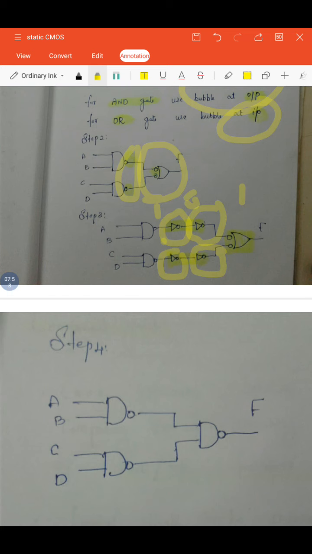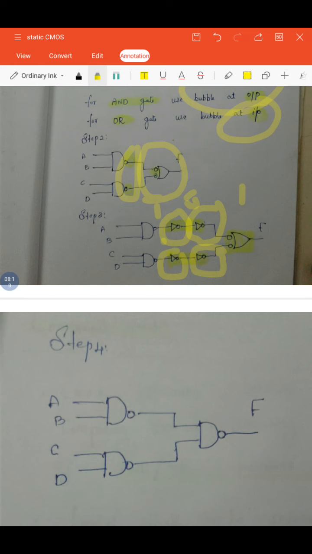So whenever two inverters in series come in that line, you can omit those inverters and straightly connect the line, because there is no change in output. So we have removed the inverters and connected the lines.